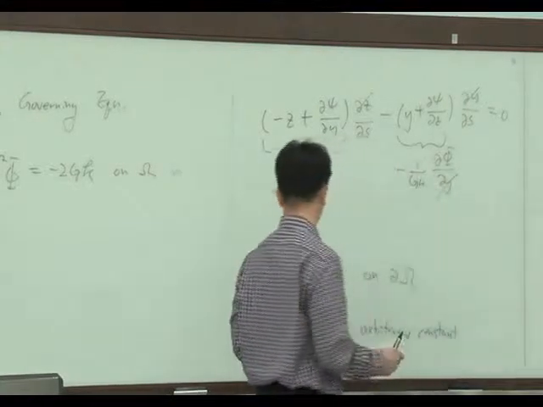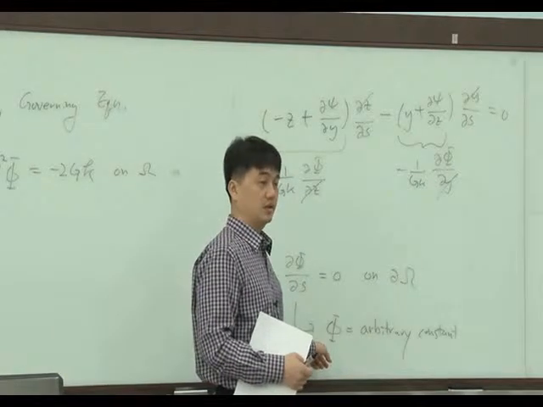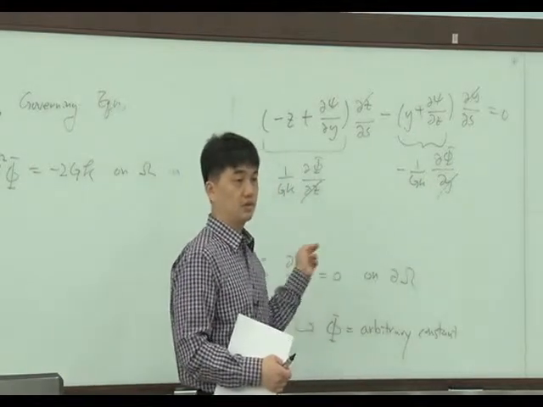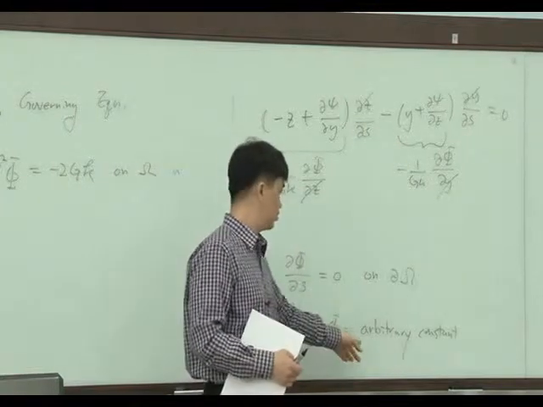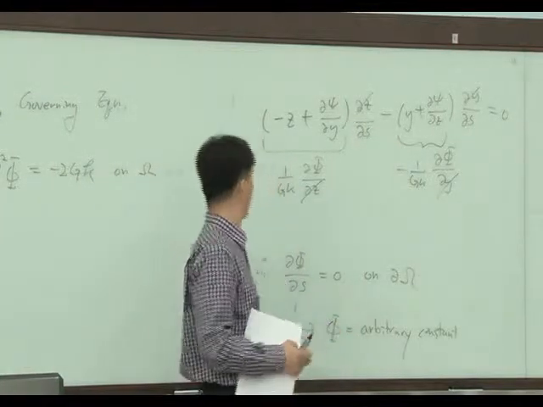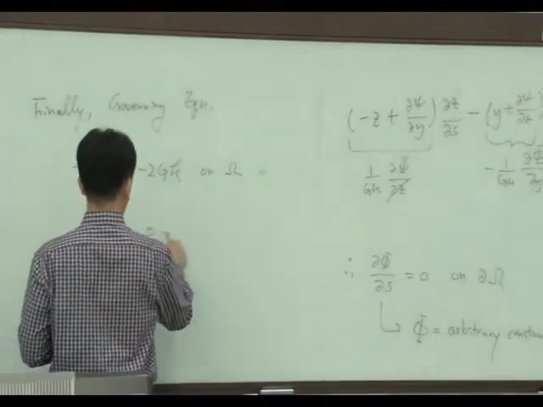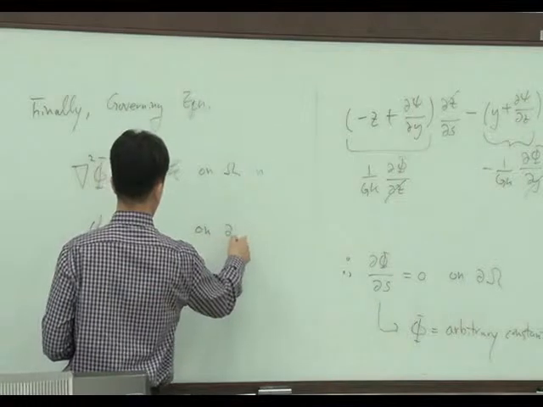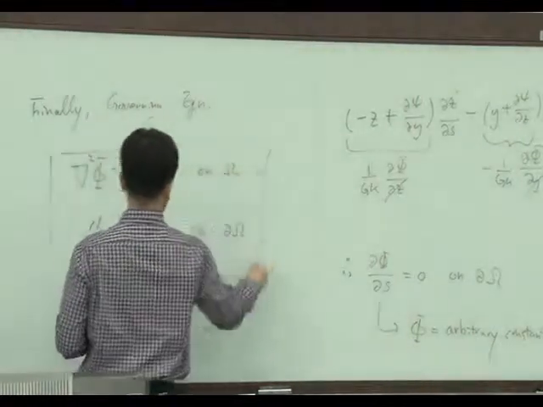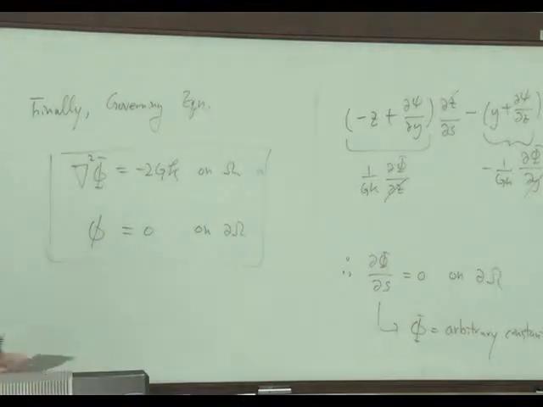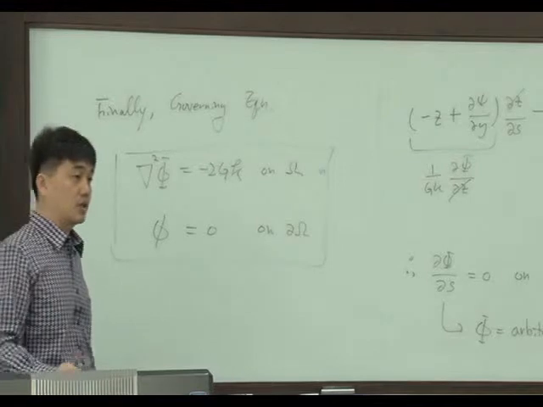So Prandtl stress function is a constant value on the boundary. So we can choose any arbitrary constant. So in mean we can choose just 0 on the boundary. So we rederive the governing equation.